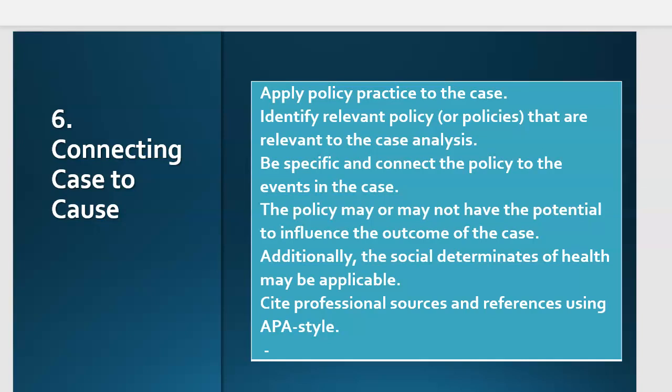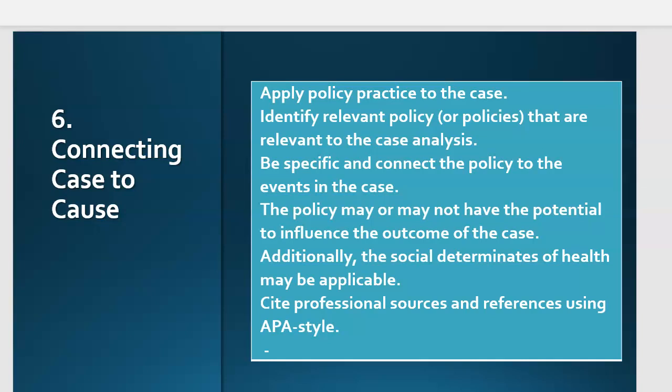It may be a legal policy. It may be an agency policy. It might be a social work type policy, but you want to have the policy be important to the outcome of the case, or influential in some way to the outcome of the case.